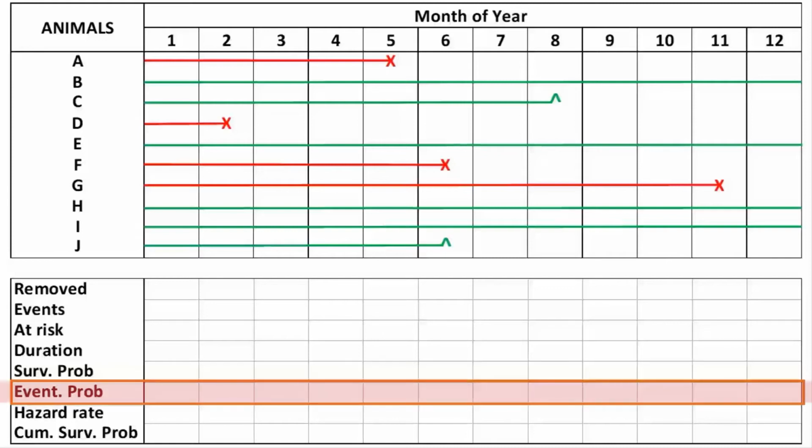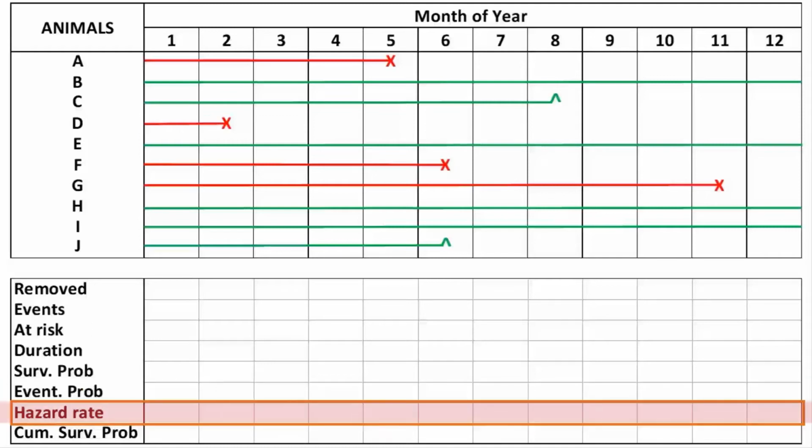When we have an event probability, basically it's 1 minus the conditional probability, while the hazard rate is the quotient between the conditional event probability row and the duration row, representing the length of the respective follow-up interval, which in our case is 1.